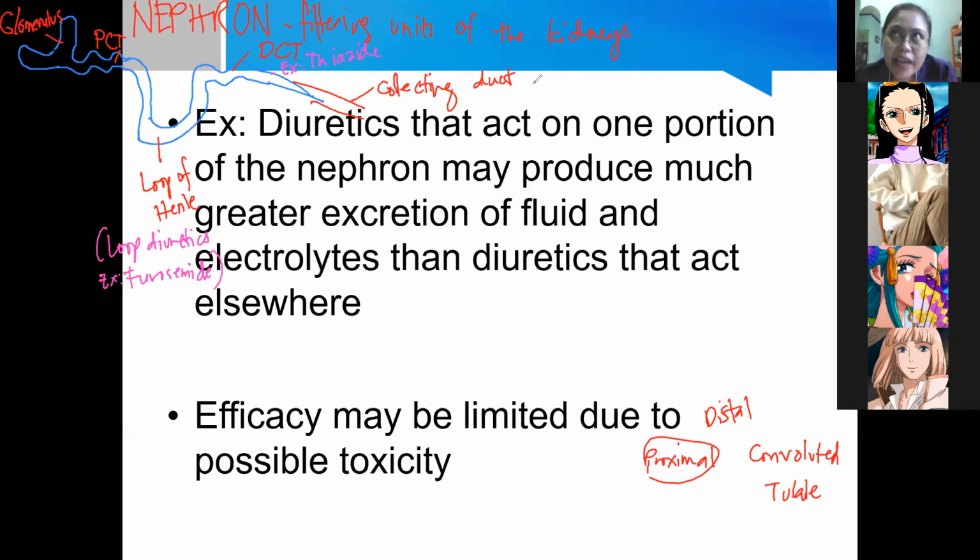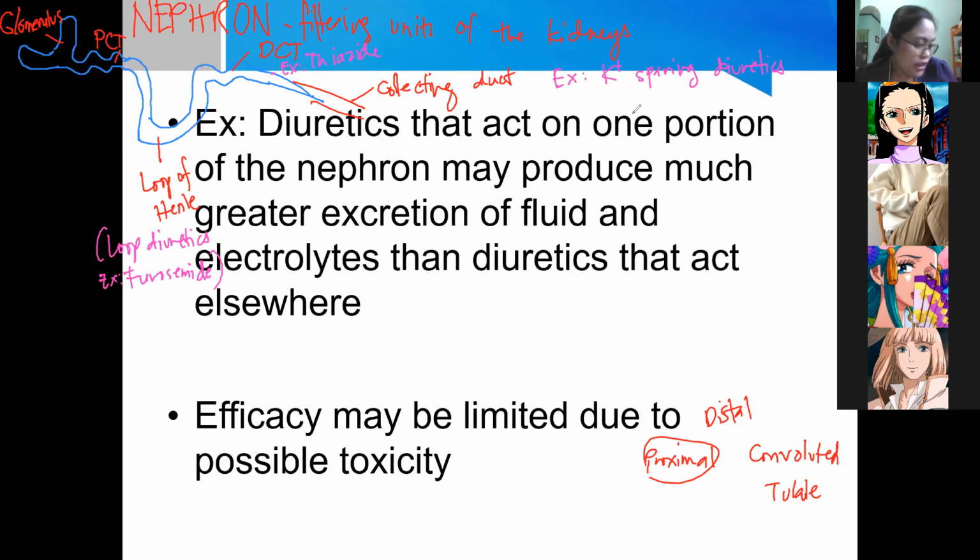Okay, and then sa collecting duct, we also have a diuretic that acts here. Wait lang, I forgot there. Potassium sparing diuretics. So gitawag na sila potassium sparing kay ibili nila ang potassium inside the body.